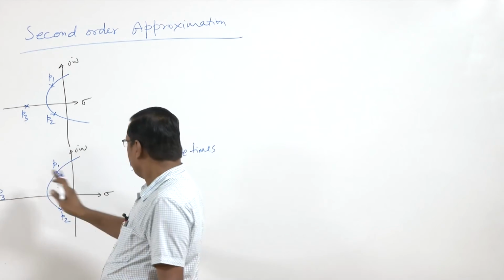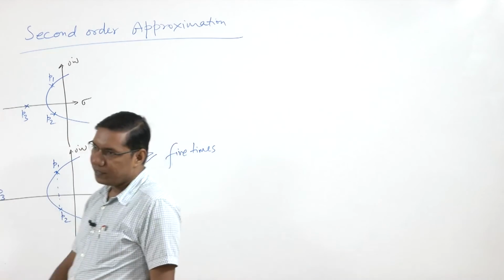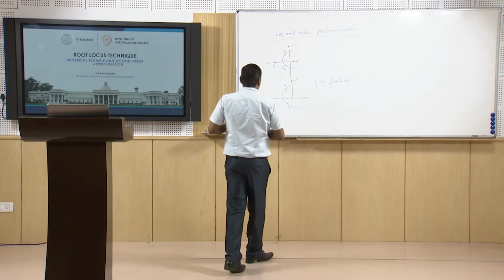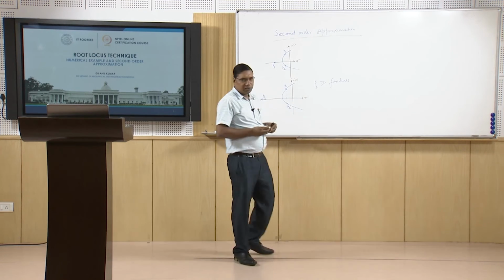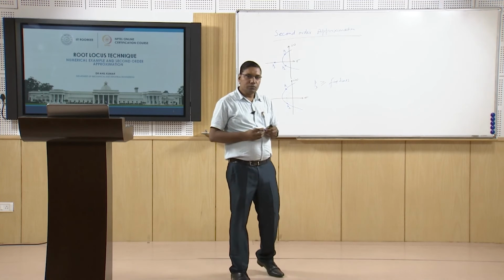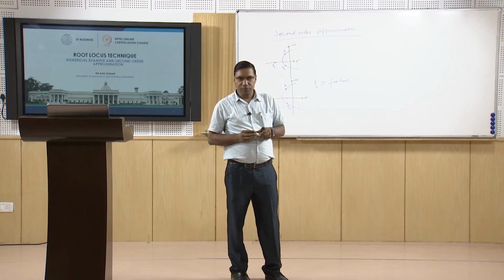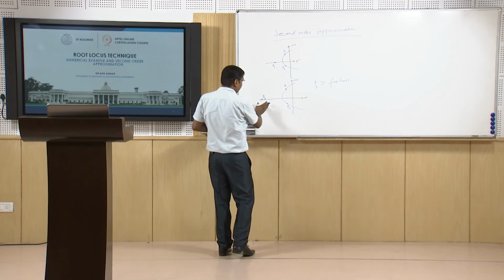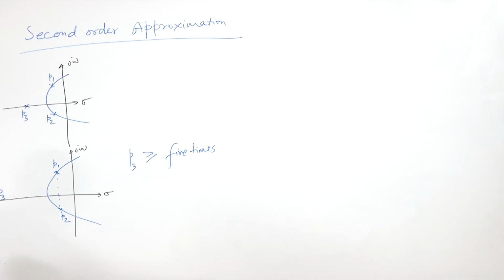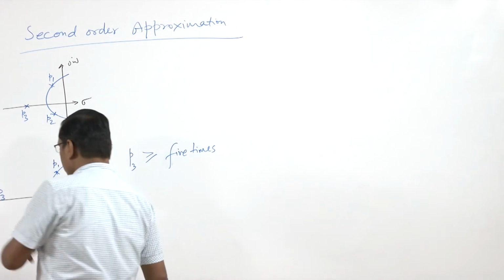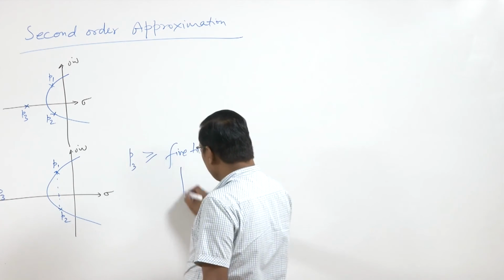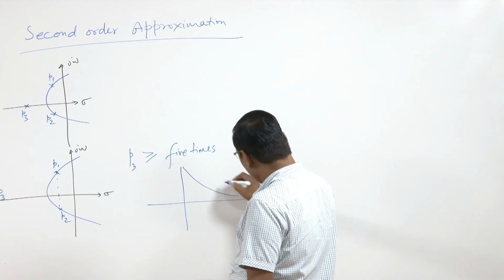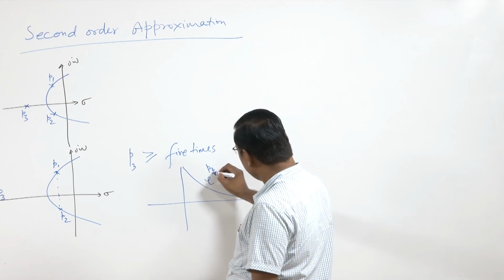If it is not, if it is closer, we can't neglect the effect of P3, and we can't approximate this third order system as a second order. However, if this condition is satisfied, that it is very far, we can, because we know that in the response the decay is e power P3t.